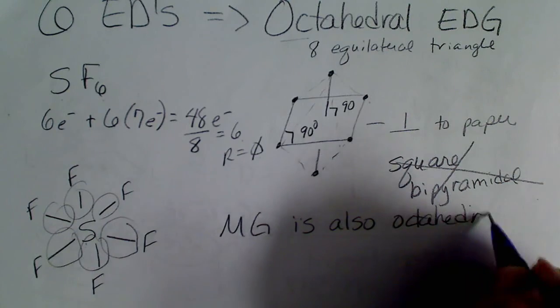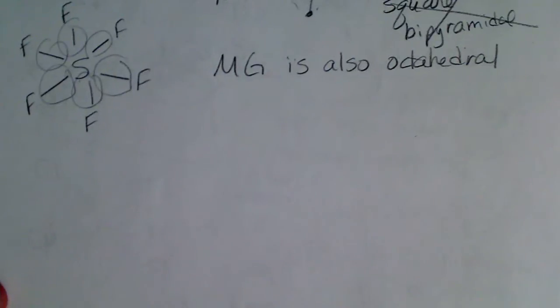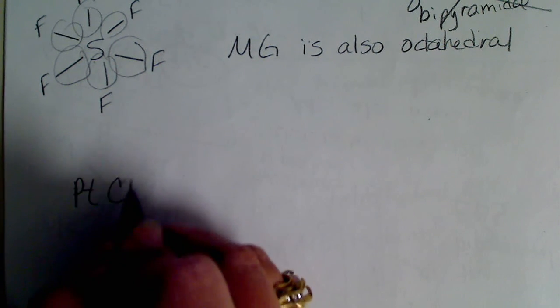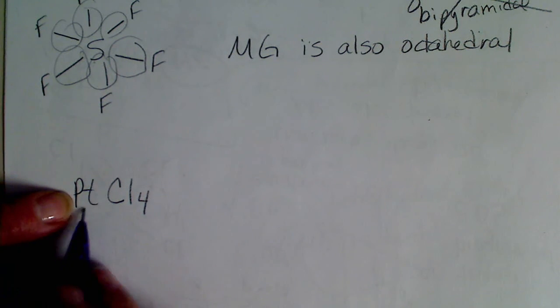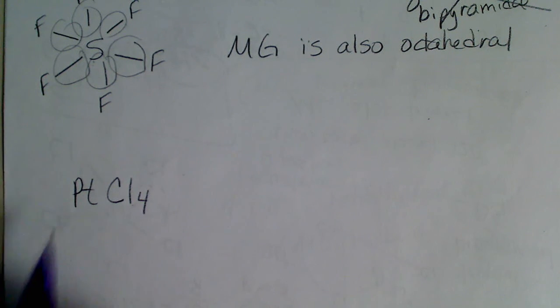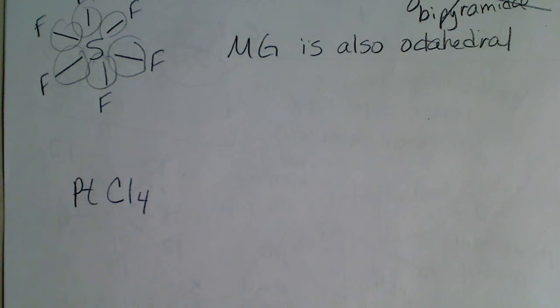There's a square planar complex that's pretty common, so I'm going to go ahead and give us that one. If we had PtCl4, this doesn't seem like it should be a molecule because platinum is a metal and this is a non-metal, so it seems like this should be ionic. But there's another type of compound that we'll discuss in later chapters, a metal complex.